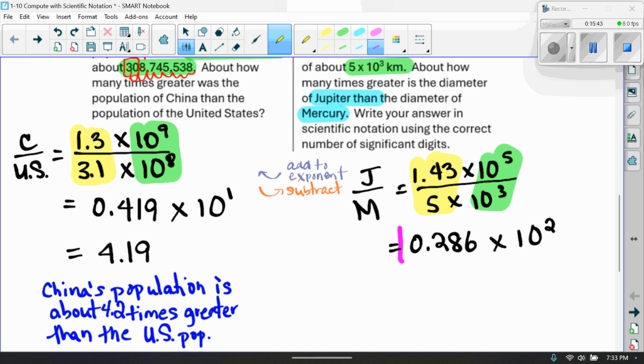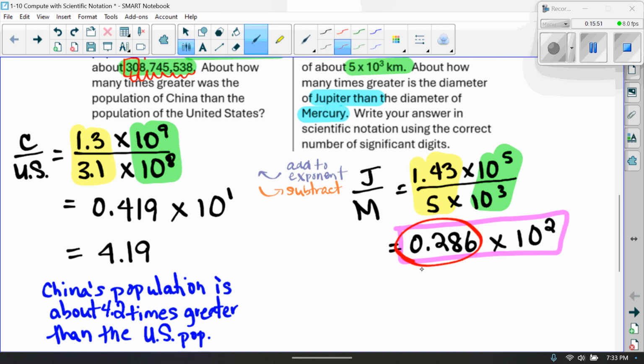Now, if you look at this, this is not in scientific notation because our first factor is not greater than or equal to 1 and less than 10. So we need to make it that. So we need to move the decimal so that we have a number that is greater than or equal to 1 and less than 10.